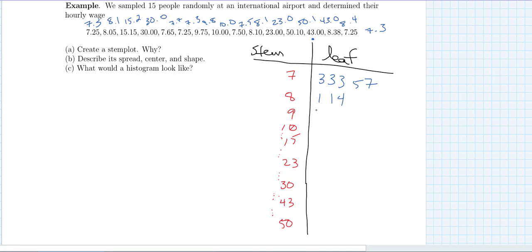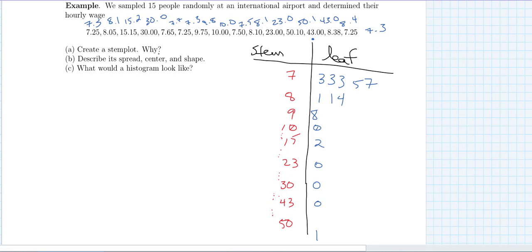Under 9 we have 8. 10 has a 0, and then at 15 we have a 2, 0, 0, 0, 1. And I guess it's also acceptable for you not to include these spaces, but I like to include them because it makes it very clear to me that there are deviations in our data.